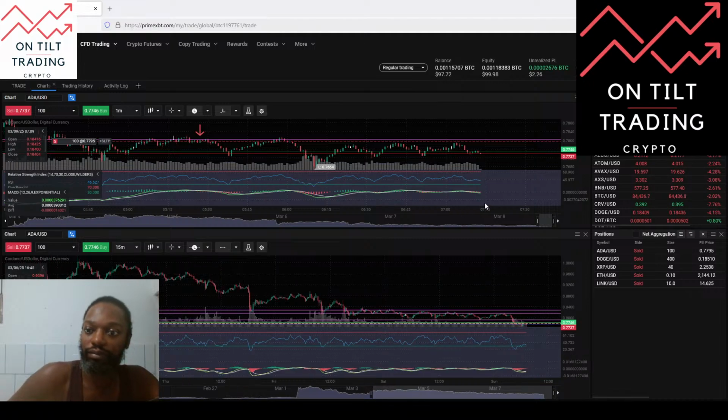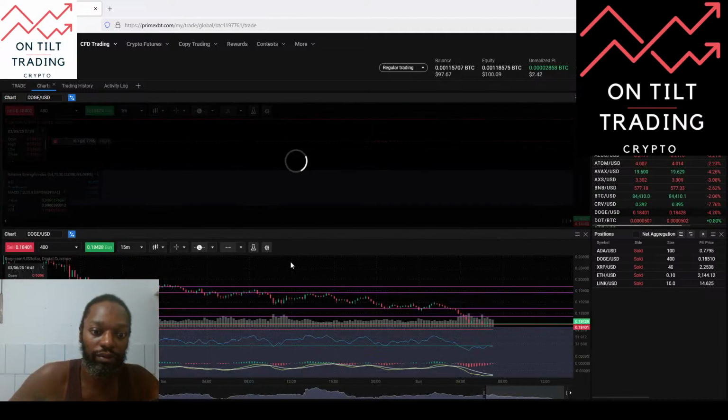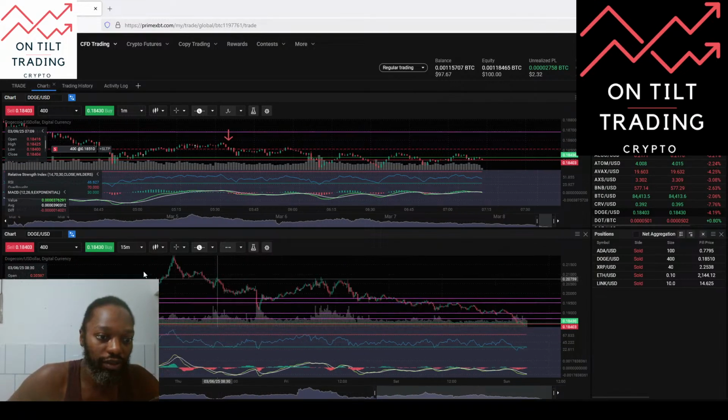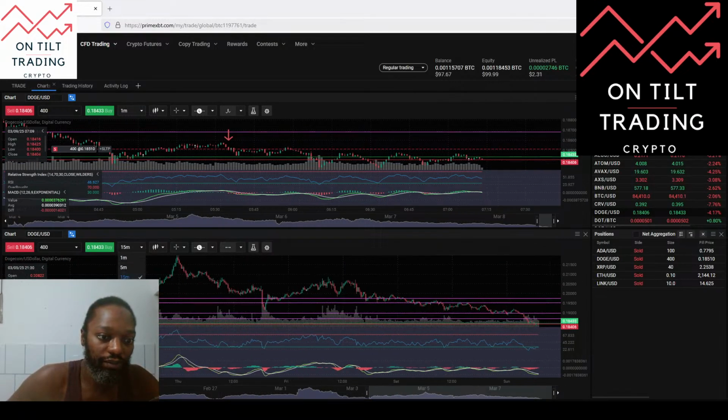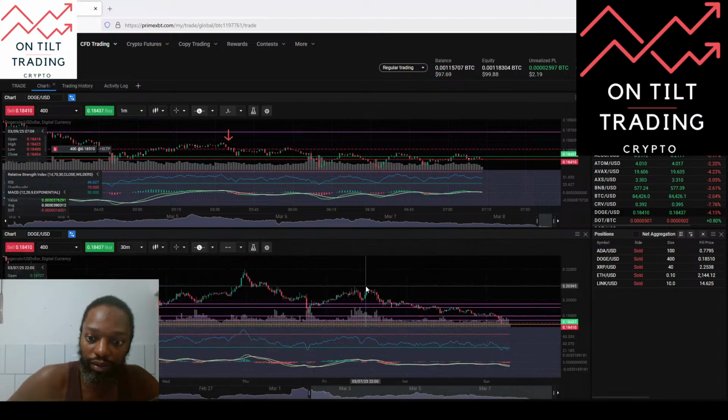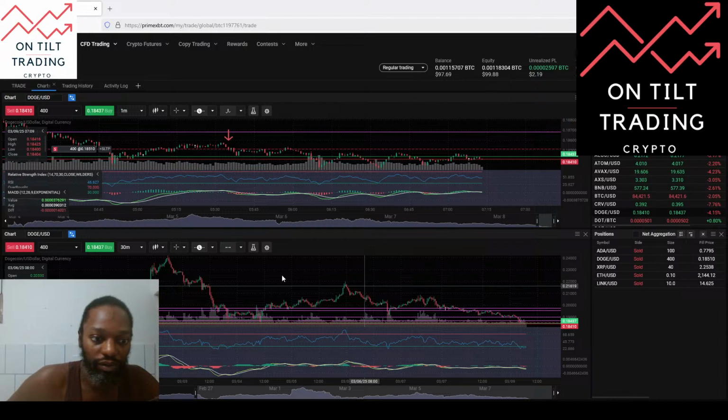Yeah, this chart isn't going to go to scale. Let's go to Doge. Yeah, when you get at the extremes of these, it can get a little tricky, being able to see what you want to see.